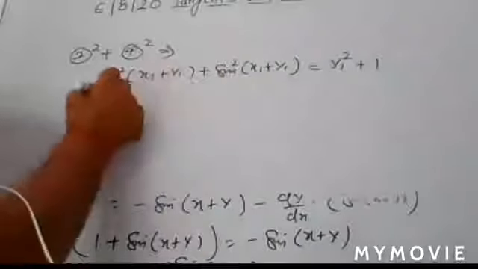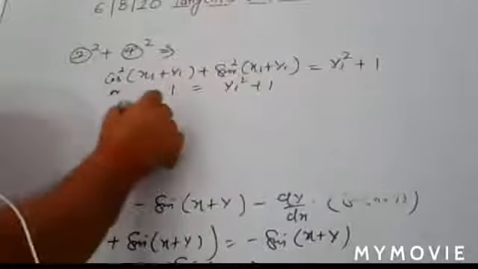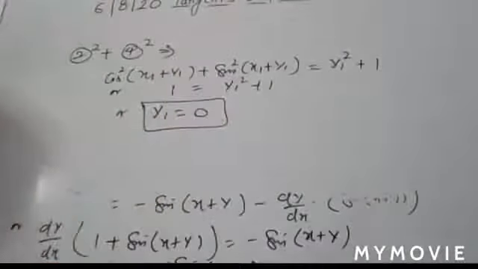And that gives also 1. So 1 is equal to y1 square plus 1. So you have y1 is equal to 0.